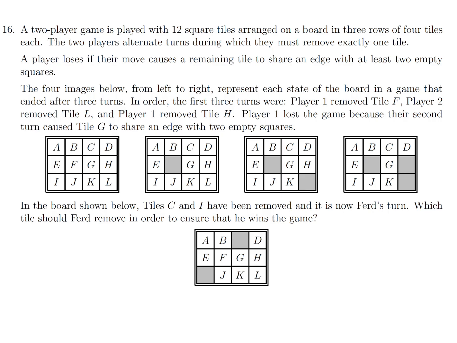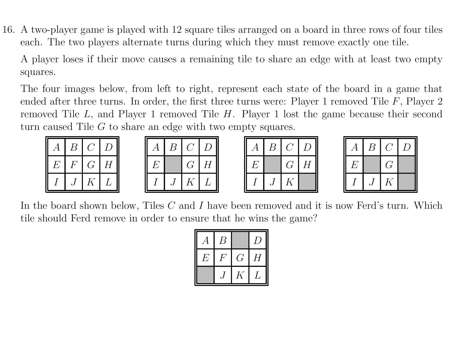In order, the first 3 turns were player 1 removed tile F, player 2 removed tile L, player 1 removed tile H. Player 1 lost the game because their second turn caused tile G to share an edge with 2 empty spaces. In the board shown below, tiles C and I have been removed. It is now Ferd's turn. Which tile should Ferd remove in order to ensure that he wins the game?